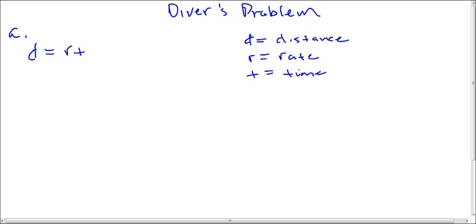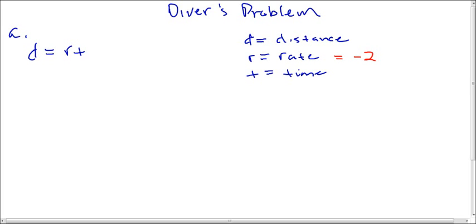So the first thing we want to do is write the distance formula. D equals R times T. Well, what is R in this case? R would be how fast he is descending, which is a -2. So R is going to equal a -2.